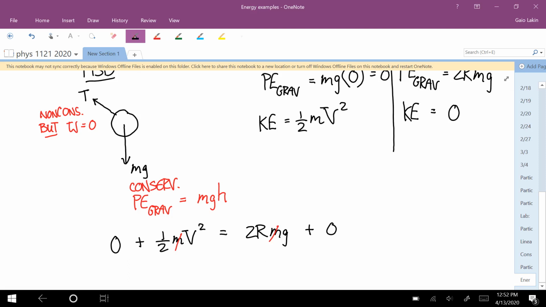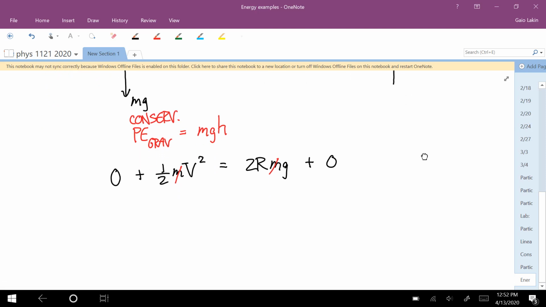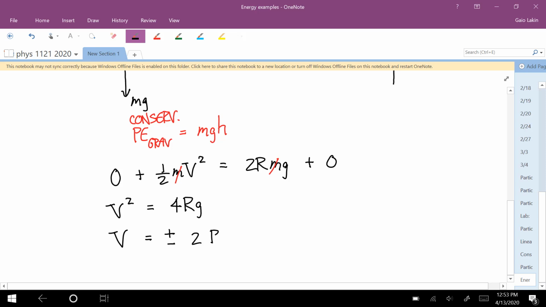And now we're going to calculate v in terms of these other parameters. So I'll multiply both sides by 2, and you get v squared is equal to 4rg. Take the square root, and v is equal to plus or minus square root of 4rg, which is 2 times the square root of rg.